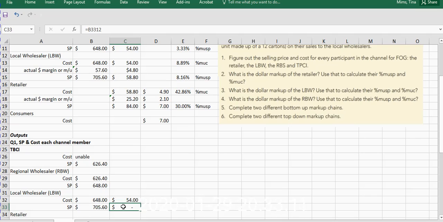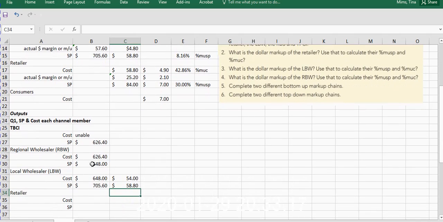Because clearly a retailer is not going to buy 12 cartons of 12 books on a crate. So that means the retailer's cost we need to do at both the carton level and the book level. So we've got the retailer's cost here, and we can take that number in the each column.